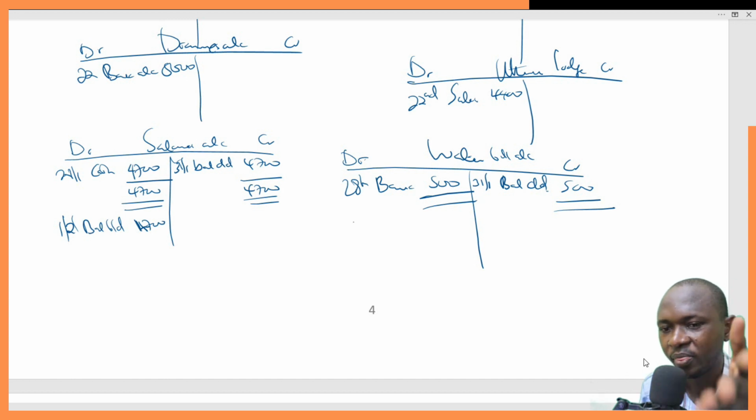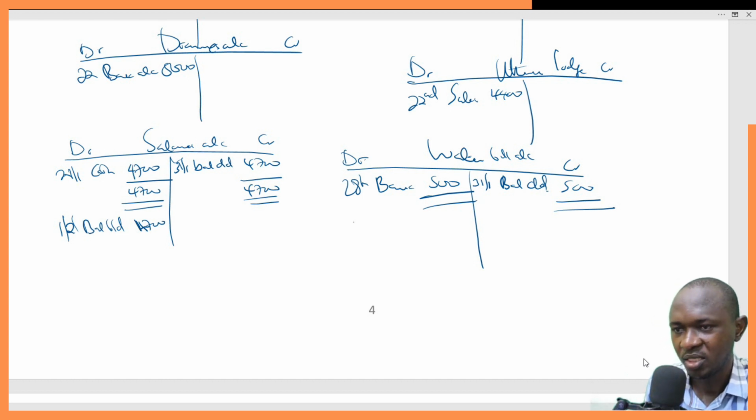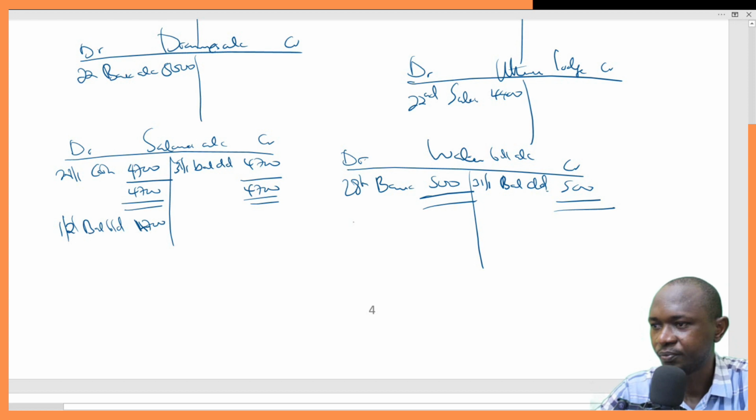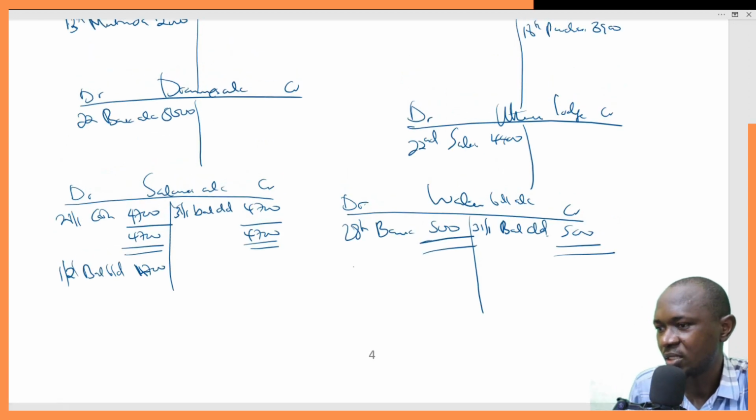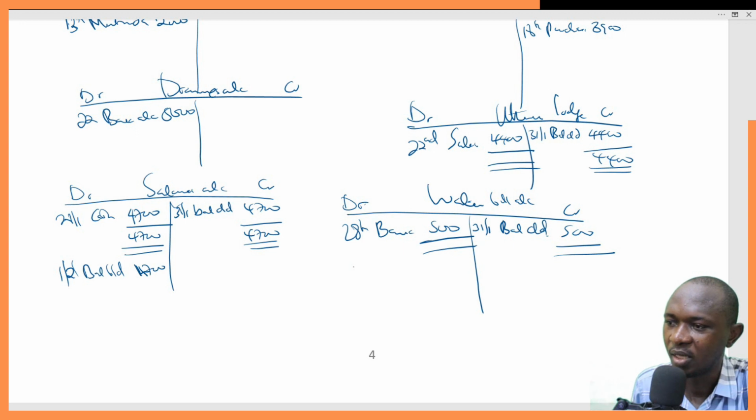So if you go with that, then it means here automatically will be something like 4,400. Then say 31st January balance carried down is 4,400, like that. And then you can come here and say on 1st February balance brought down is 4,400. That's how we close.